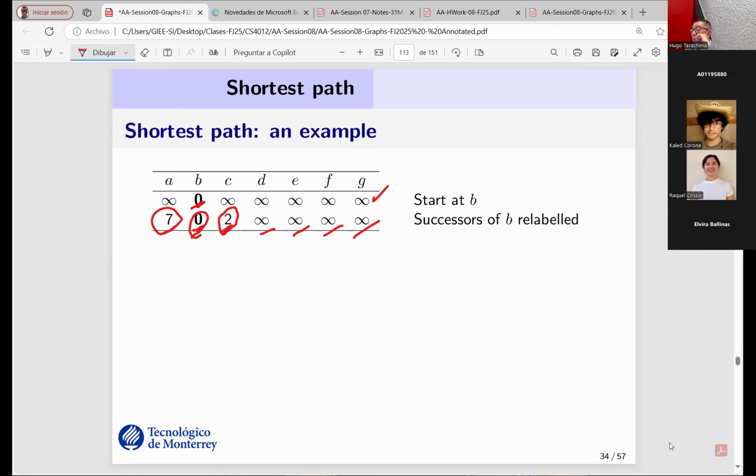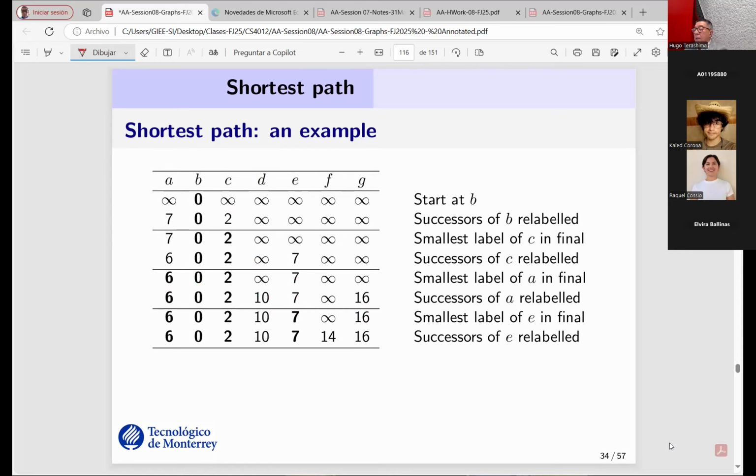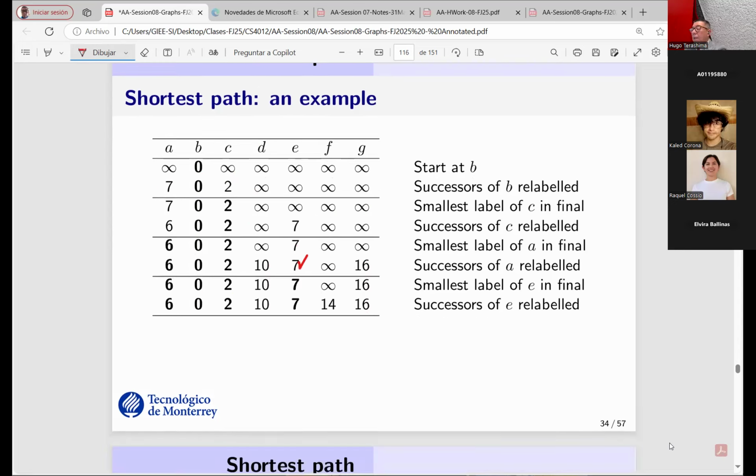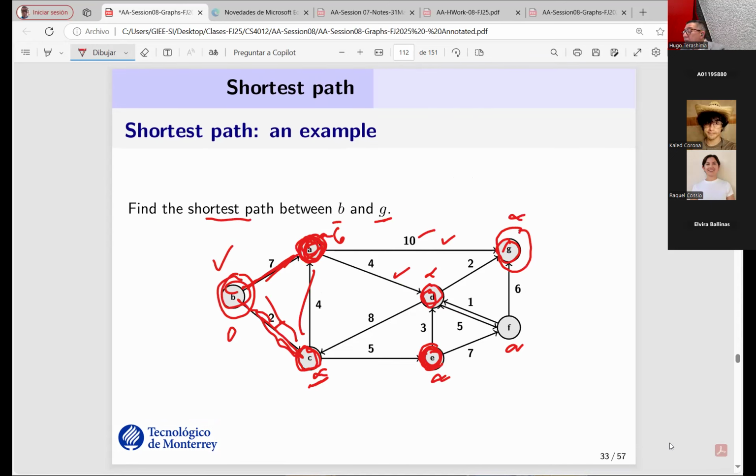Okay? You see? 16, 7, and this remains the same, right? And the minimum is going to be the 7, E. So 7 and 7, and E is connected to F right here, connected to D already there.